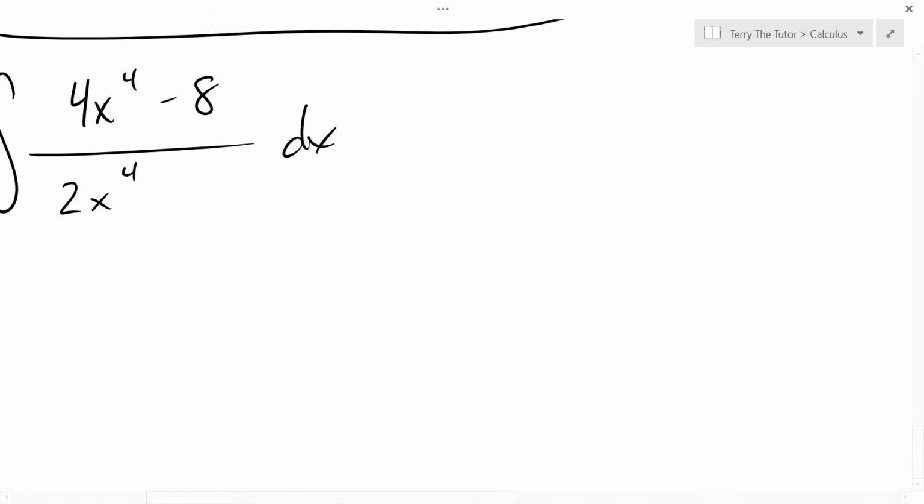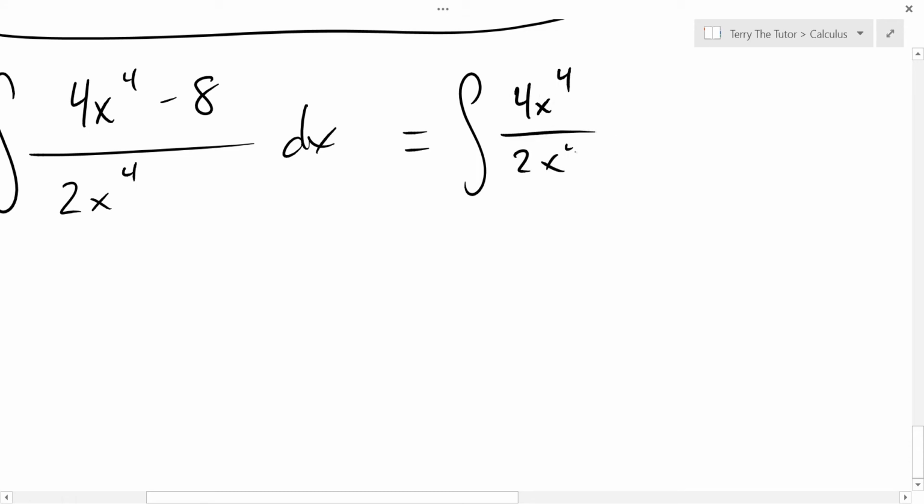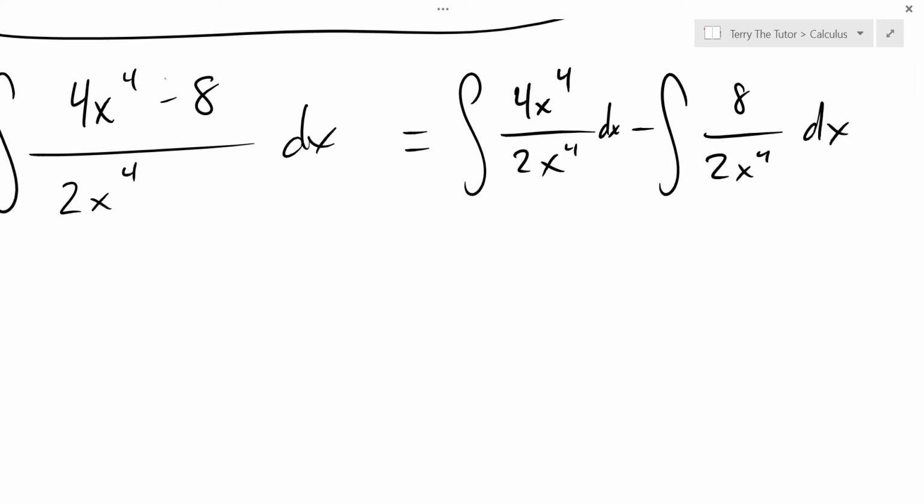Let me show you what I mean by that. We can break up the numerator into the integral of 4x to the 4th divided by 2x to the 4th dx, minus the integral of 8 over 2x to the 4th dx. What I did was I split the numerator, and that's legal so long as I keep the denominator the same for both of them. Now it's a fairly easy integral.